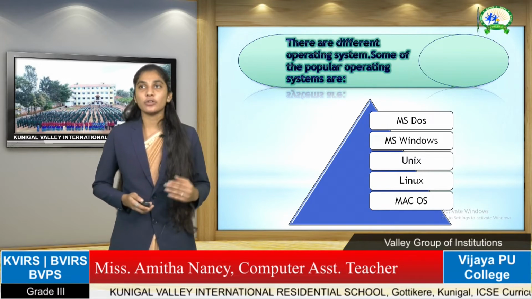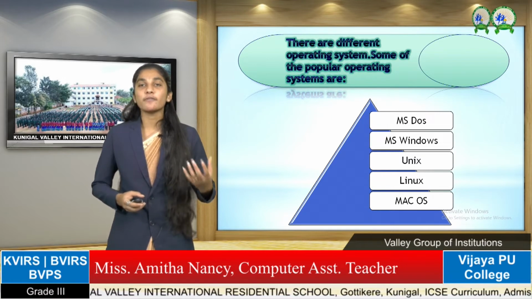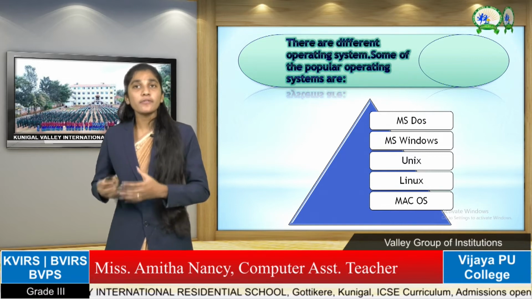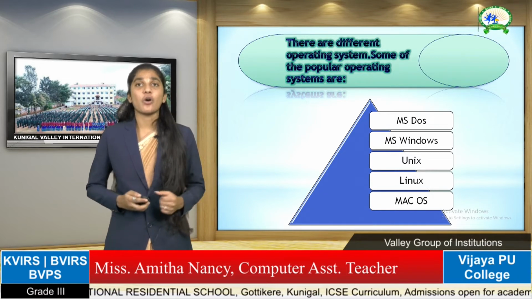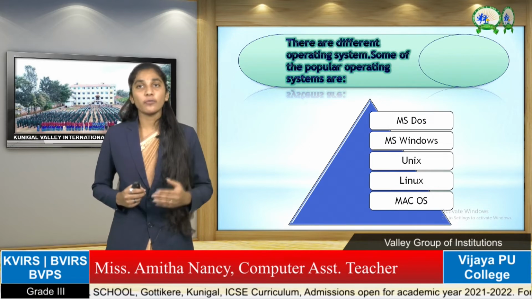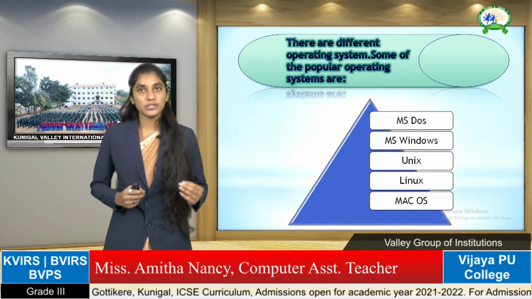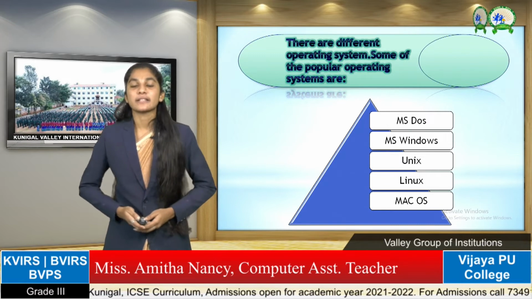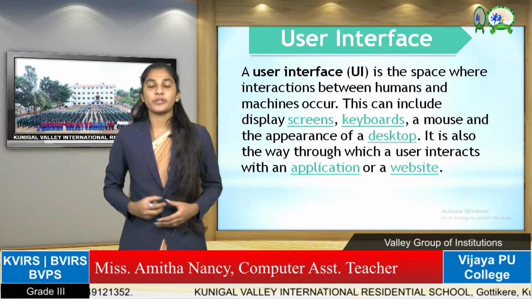We have learnt already why we are using Linux, or why we are using Mac OS, or why we are using MS Windows. All these things we have learnt in our last class. So if you don't know, I want you to go to that video and watch it again and listen for this class.